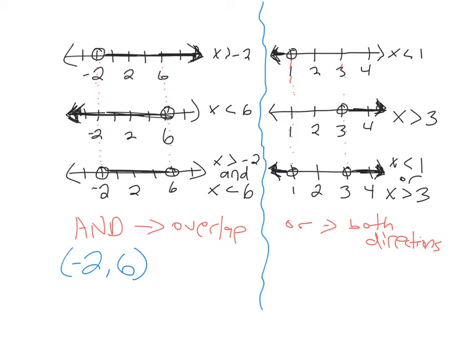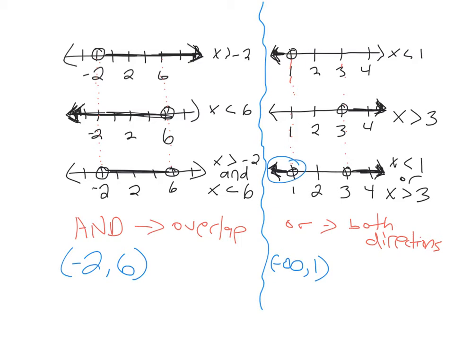Now on the "or" side, again, there are two different graphs, so you have two different intervals to do. On our left side, it goes left forever and ever. We start at negative infinity and stop at 1. We put parentheses outside there and parentheses for the 1 because it's open.